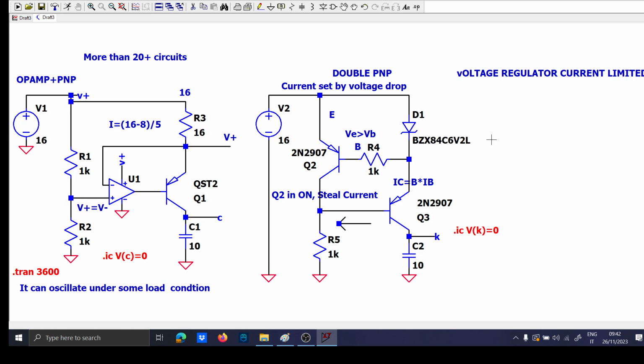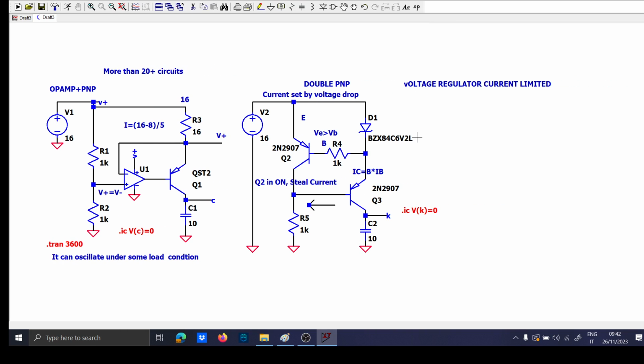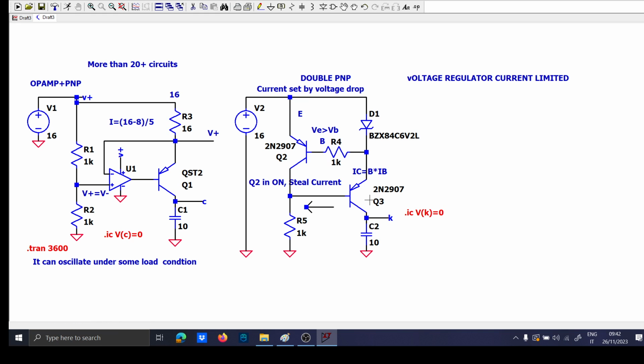There are a lot of circuits like this with and without op-amps. So let's draw it. I will draw exactly the same circuit as this, but with the NPN version.